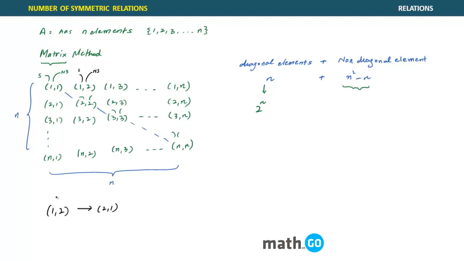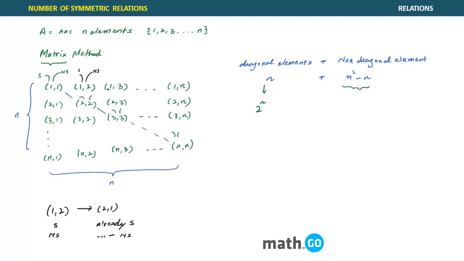So if you have selected 1 comma 2, then this is already selected, because this has to be in the set to make it symmetric. If it is not selected, then it is already not selected. So in a way, if you choose this, there is no need to talk about 2 comma 1.